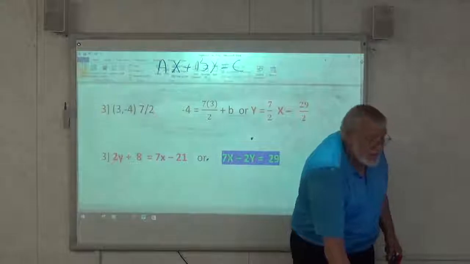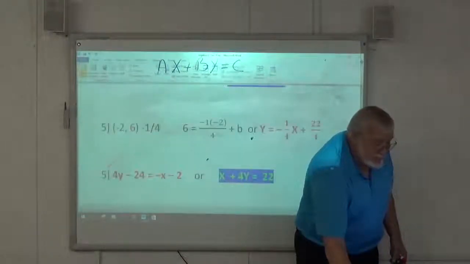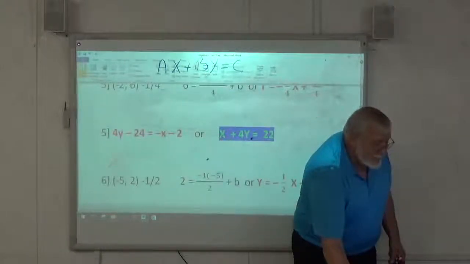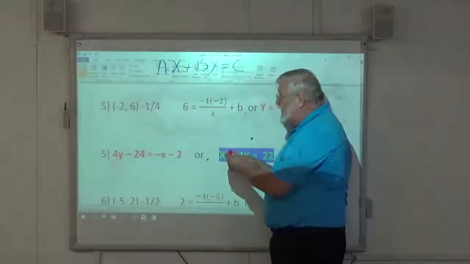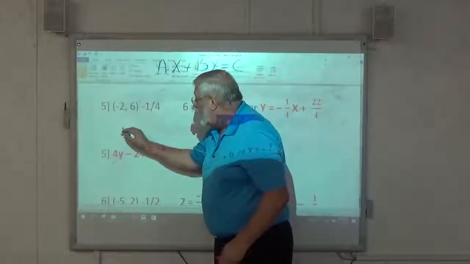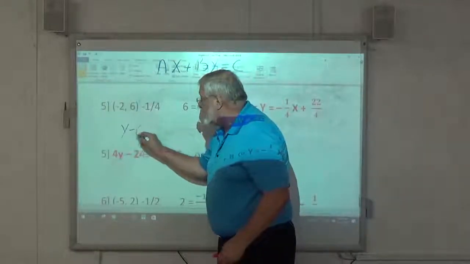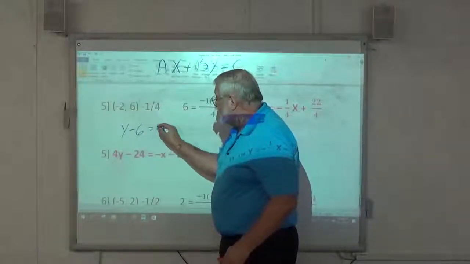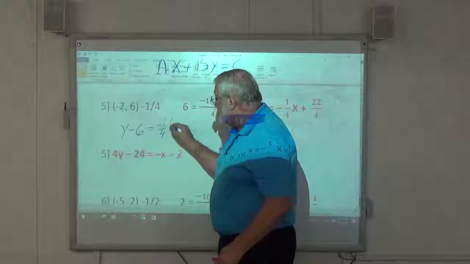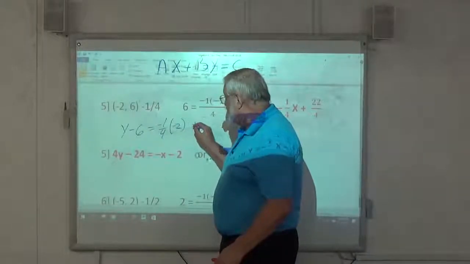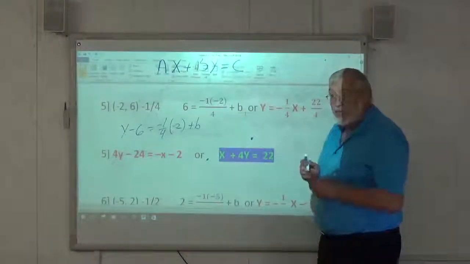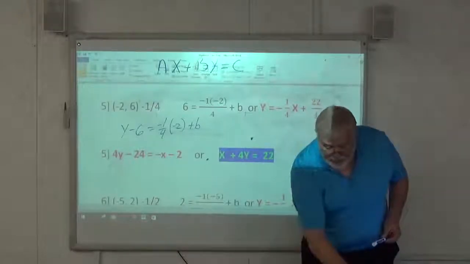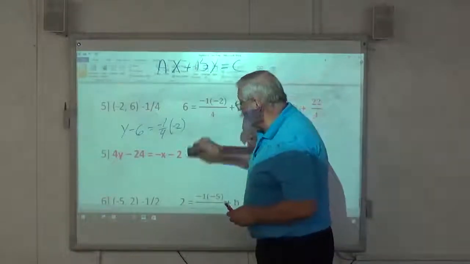Alright, now I want to try to get one that's the opposite way, because it's sweet. Here's one right there. So, if my point is y minus 6 equals negative 1/4 times negative 2 plus b. Right? I can find the b to be 22 over 4. Okay. So I'm going to put that back in here just to speed this up.